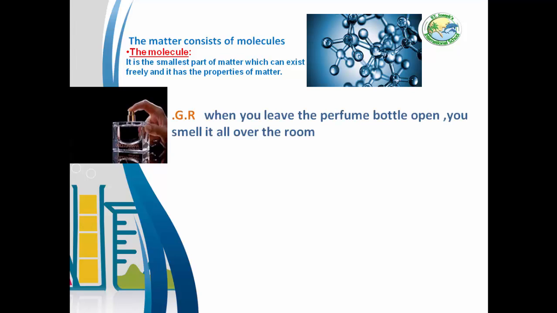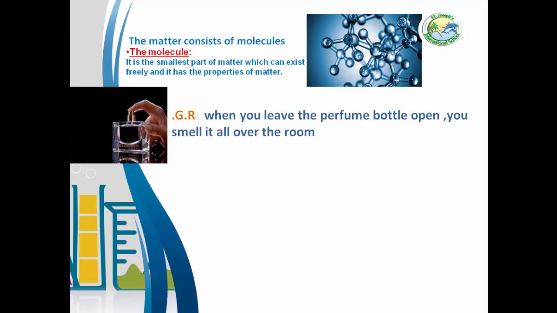We have a give reason question here. When you leave the perfume bottle open, you smell it all over the room. The answer will be because the molecules of perfume are in continuous motion, because the perfume consists of smaller building units which are molecules that are in continuous motion, keeping the properties of the perfume.